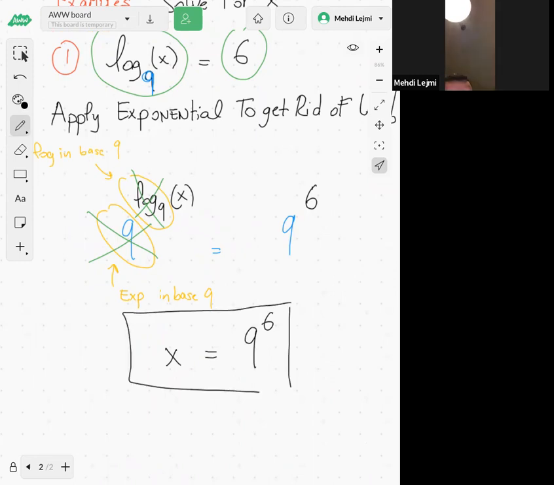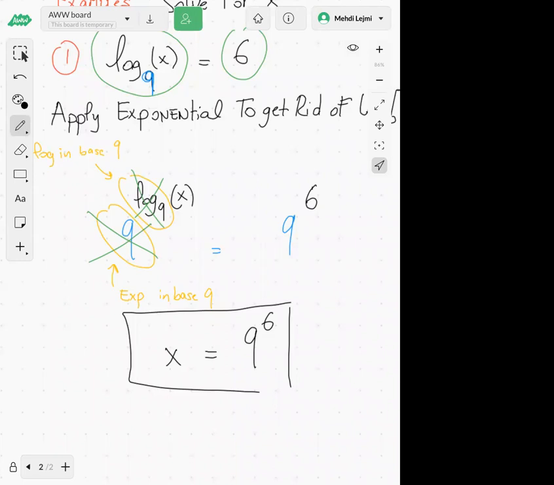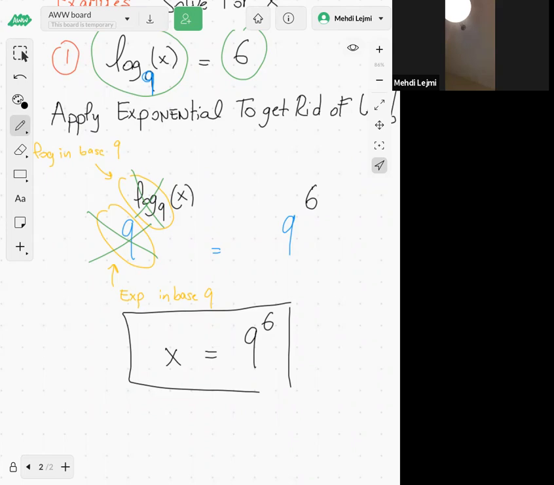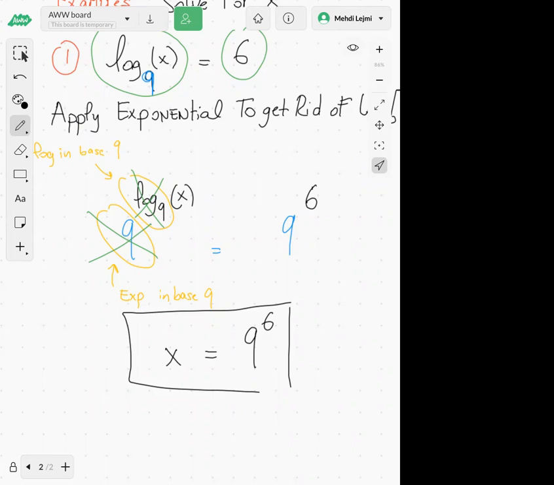What are you saying, guys, in the chat? Yeah, it's 9 power 6, Rabiul. Yeah, it's like 6,000 something. Oh, I thought that was a cube. Wait, that's not a cube?